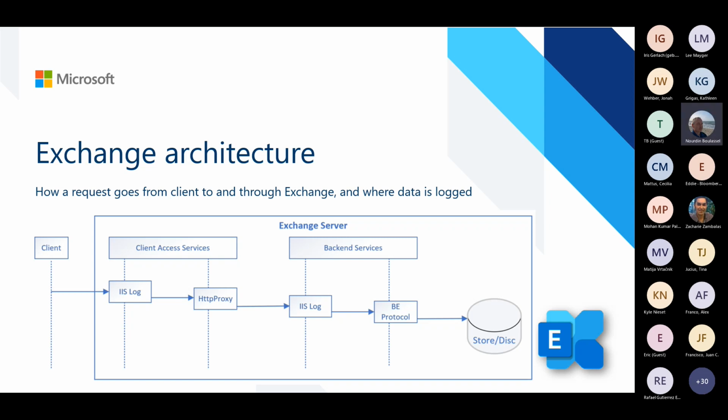Then, when it reaches the backend services, again it goes to IIS, so you have another IIS log and the backend protocol logs. And then, depending on where the traffic for that client request actually goes, is it the store? Is it Active Directory? You need to collect data on that side.